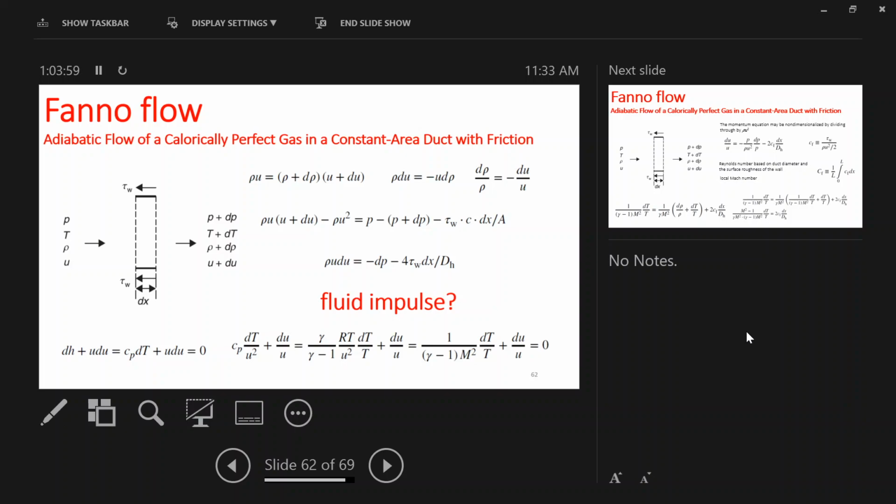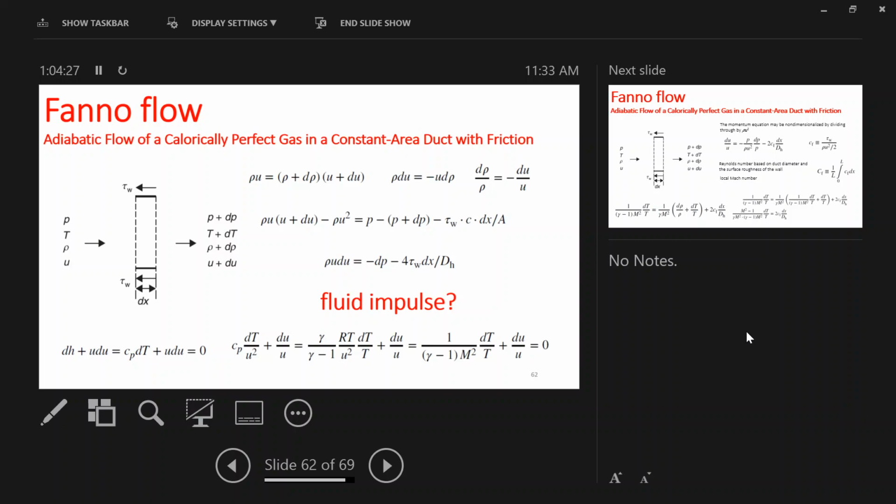No, because of this friction term, right? So if you take the integral, essentially what you're going to have is p1 plus rho 1 u1 squared equals p2 plus rho 2 u2 squared plus the integral of whatever this term is, right? So the fluid impulse is not conserved when you're dealing with the Fano flow.